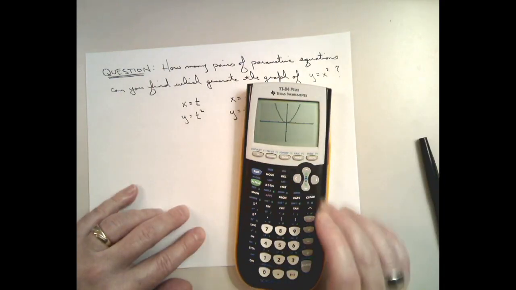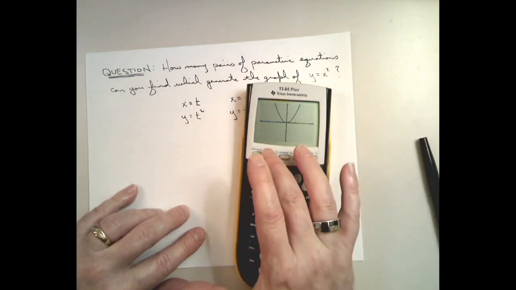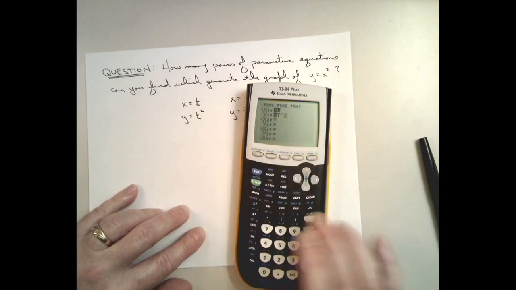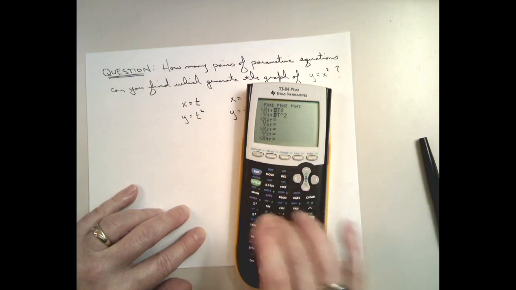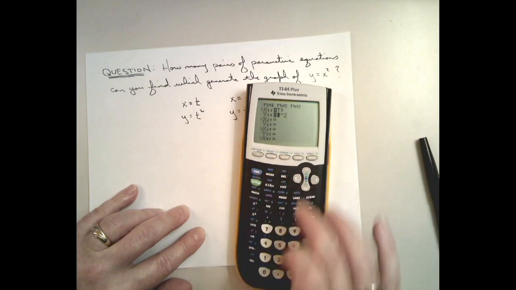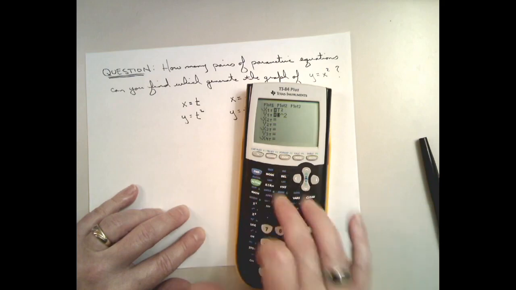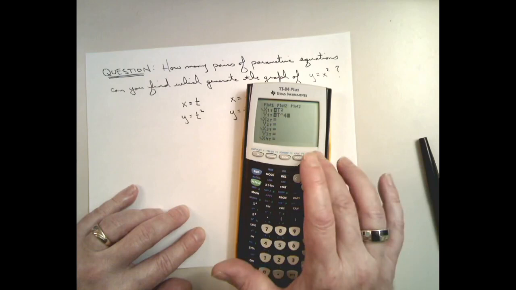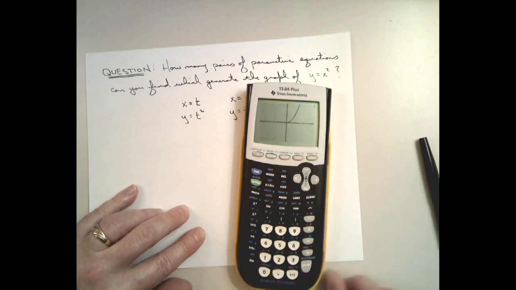Well, let's look at it. So I'm sorry, y equals, we'll let x be t squared and y be t to the 4th, and we'll graph it. Oh my goodness, again, it looks like we only have half of the graph that we expected, half of the parabola.